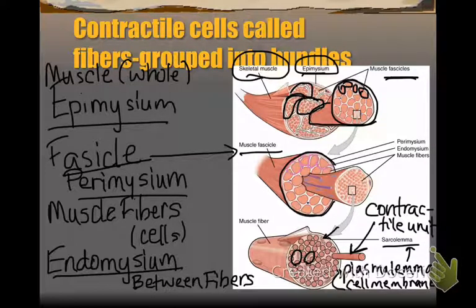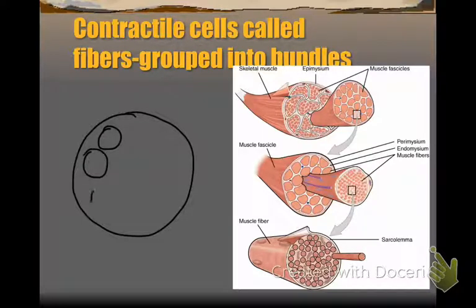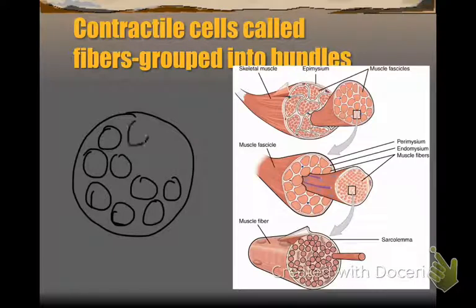Okay, so this whole thing is, let me see if I can draw you a picture. Okay, so, that's the cross-section of a muscle fiber. And each one of these circles represents a contractile unit, the actin and myosin proteins. And in between them are mitochondria. See, because this is the cell membrane, also known as the sarcolemma. And in there somewhere is, guess what?